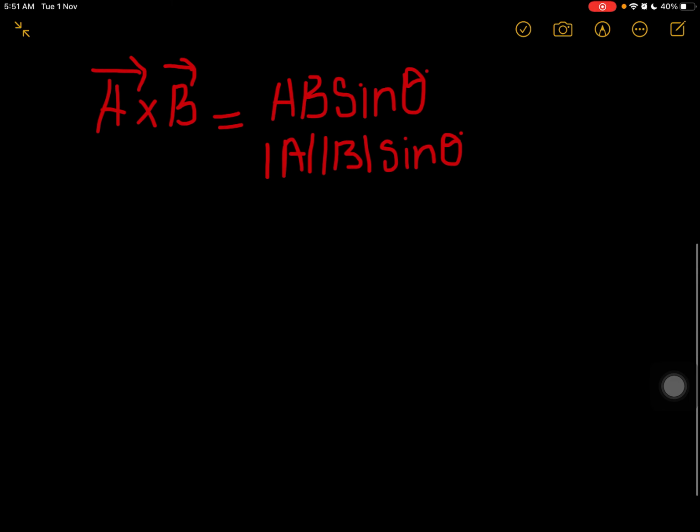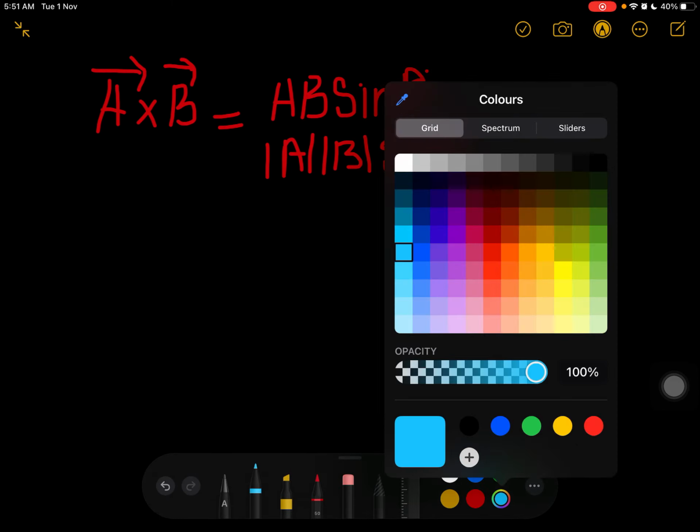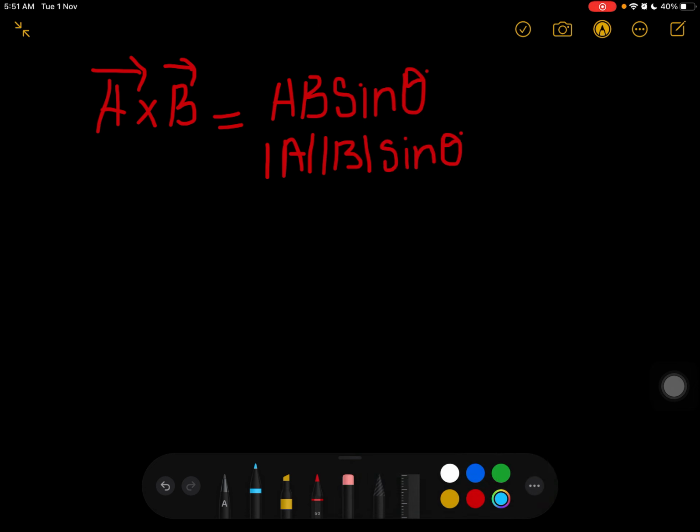Now let's talk about the direction of C. C is a vector quantity, so it has magnitude as well as direction. We have found the magnitude, now it's the turn of direction of C, right?